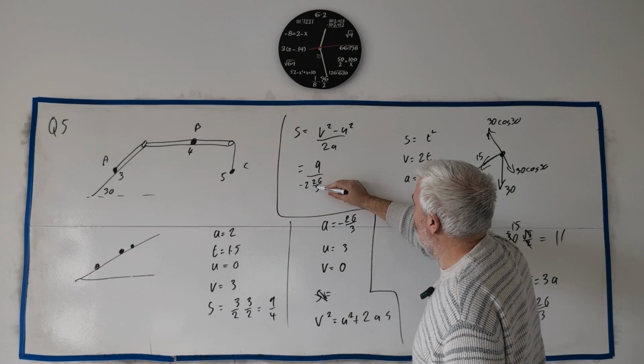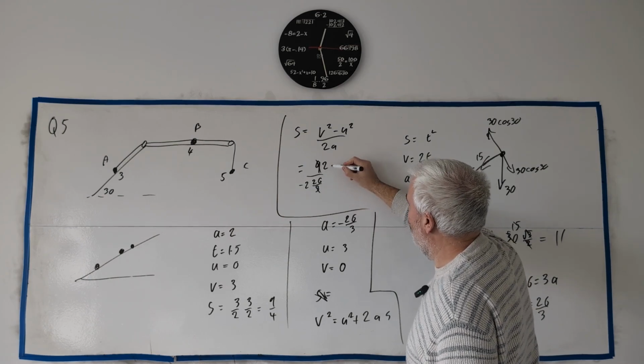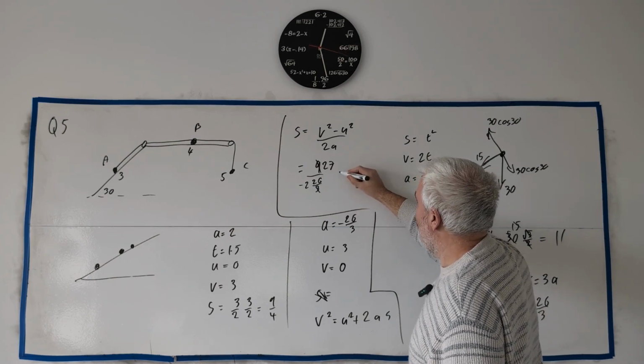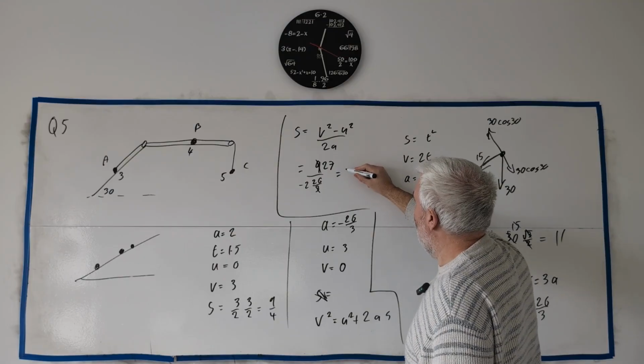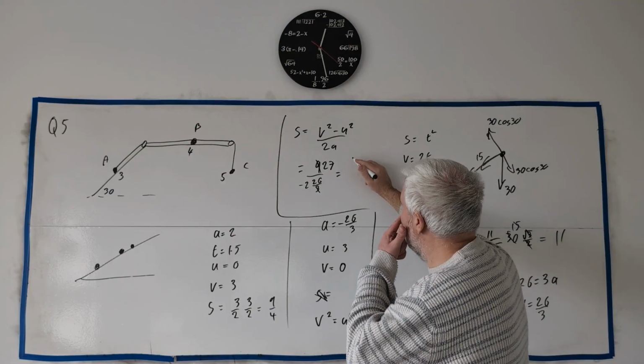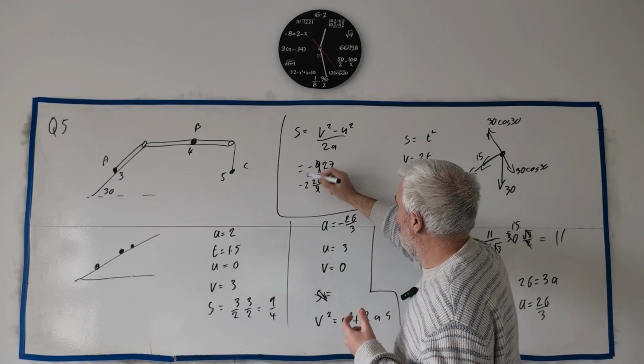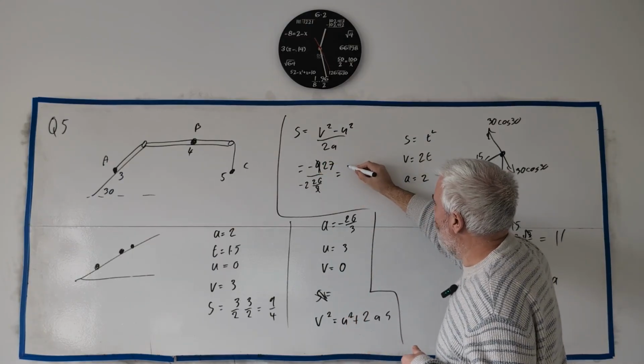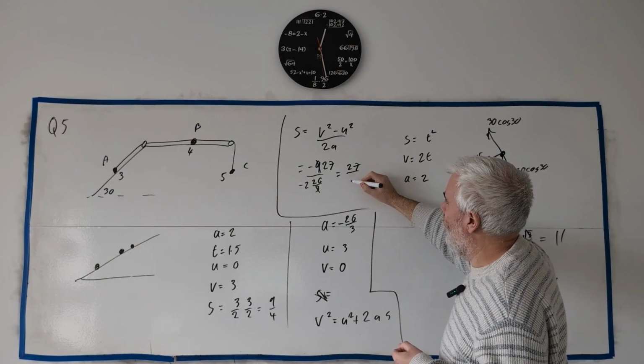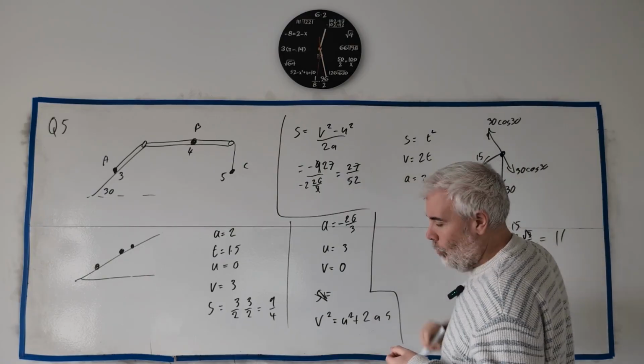The 3 can come up here and multiply to 27. Should I not have 2 minuses? Oh, I should have had a minus 9 up here. So those minuses cancel. So we get 27 over 52.